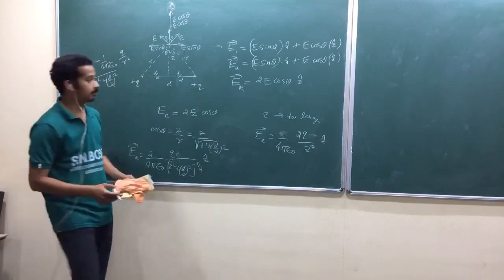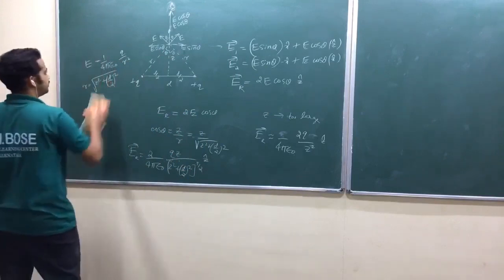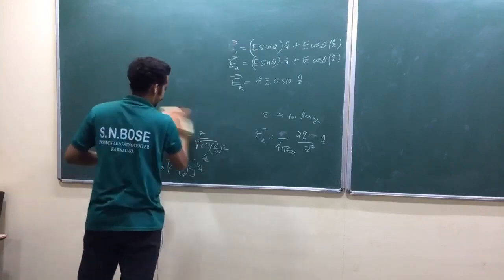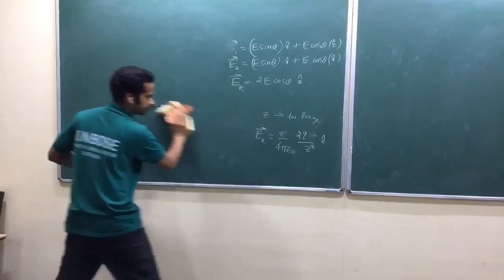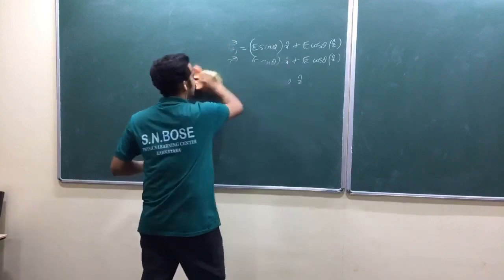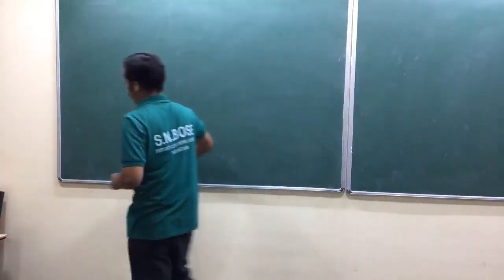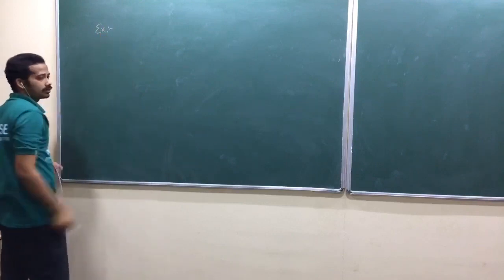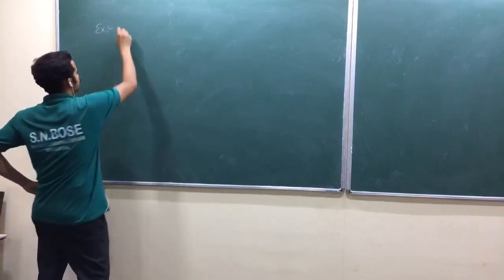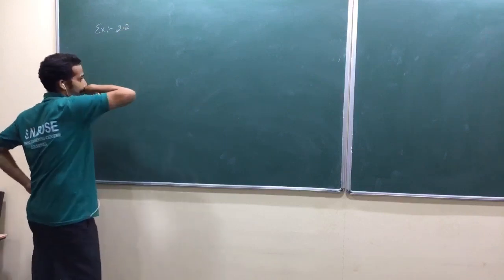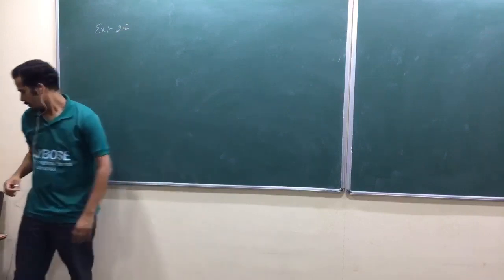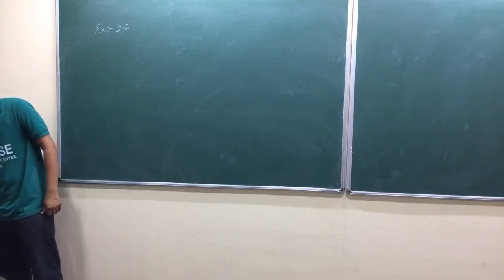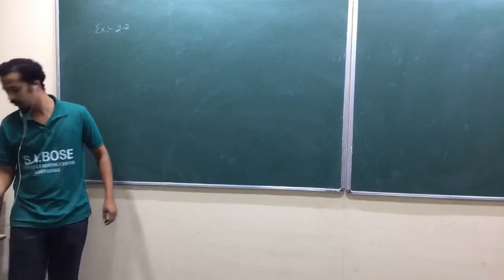Next one, example number 2.2. You have to be very good at coordinate geometry, okay? Example number 2.2. Find the electric field at a distance z above the midpoint of a straight line segment of length 2l.